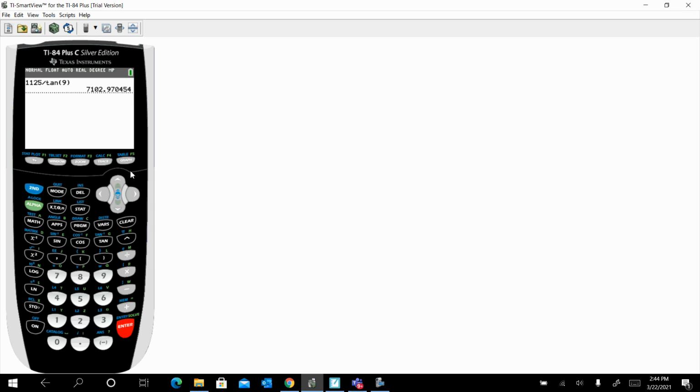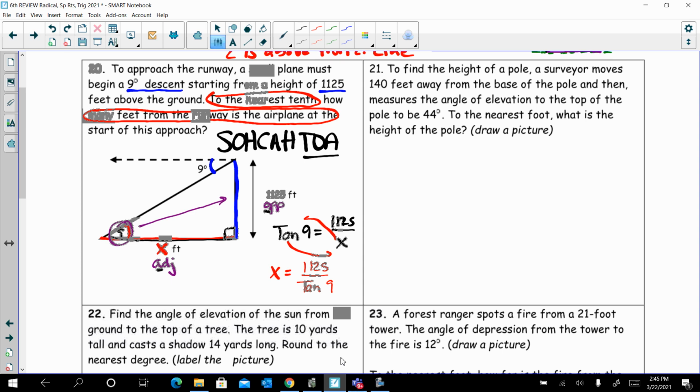They want us to find the feet to the nearest tenth. Since I have a 9 and then a 7, this 9 is going to round up to 10, which will round up this next digit to 2. So our answer would be 7,103 feet.